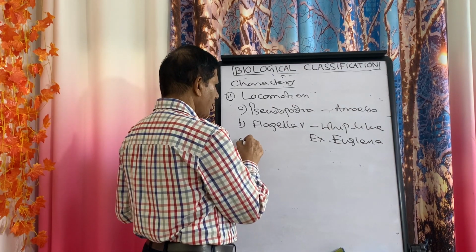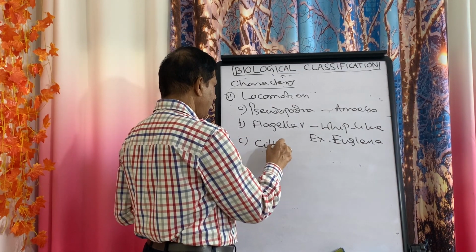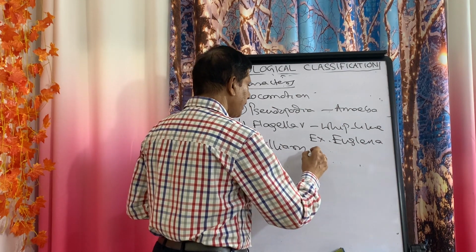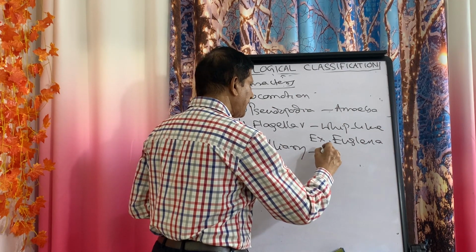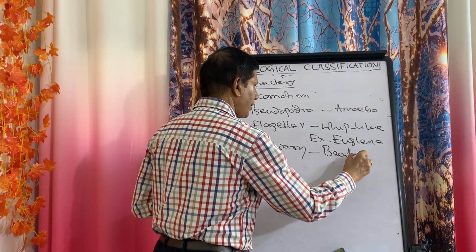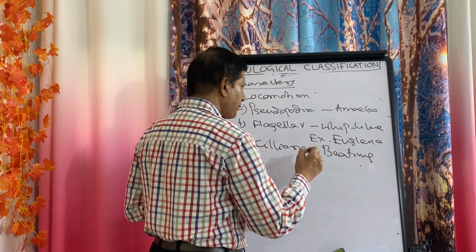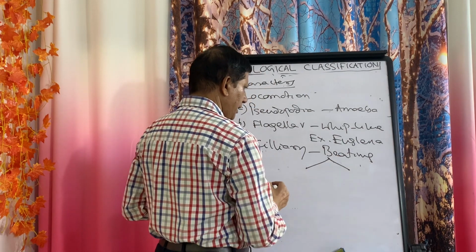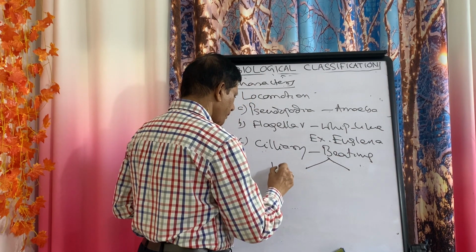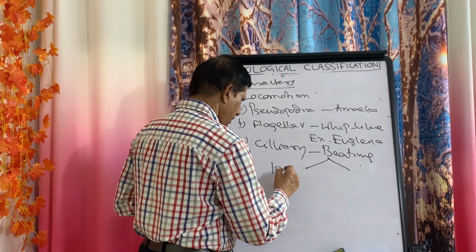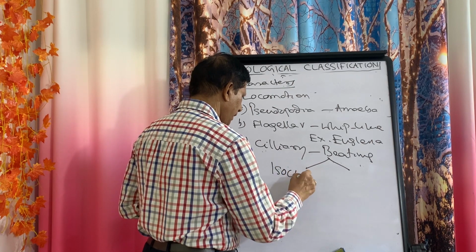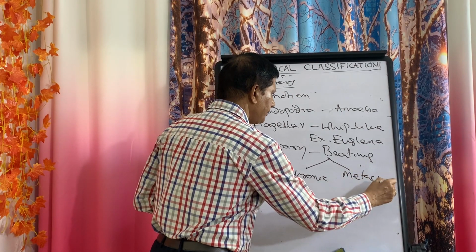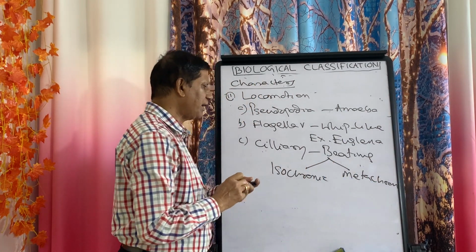The third type is ciliary movement. In the case of ciliary movement, there is a beating movement, and this beating movement may be isochronic, or it may be metachronic. Now, what is the meaning of this?